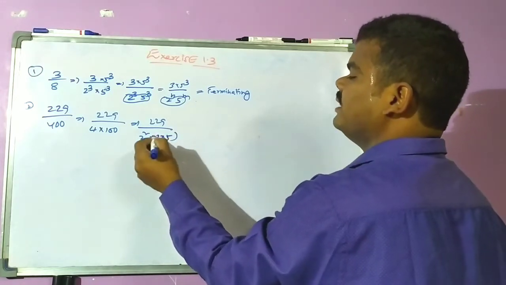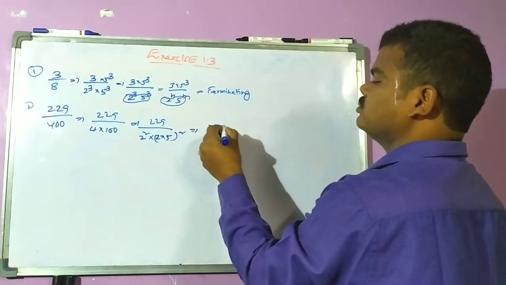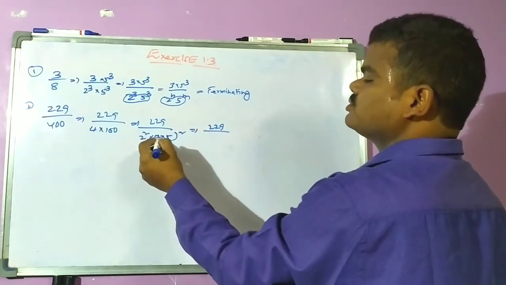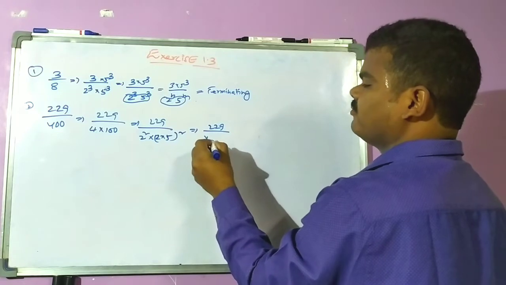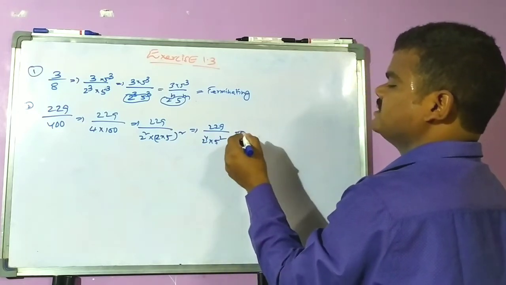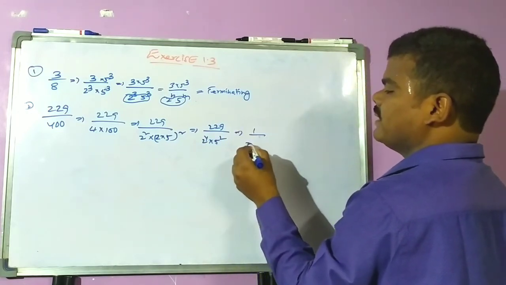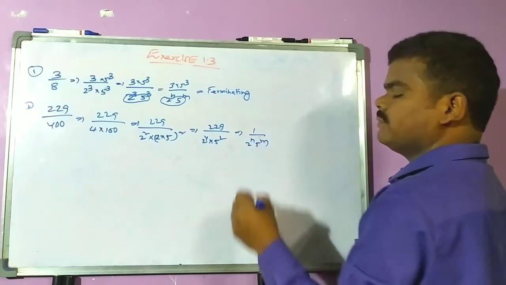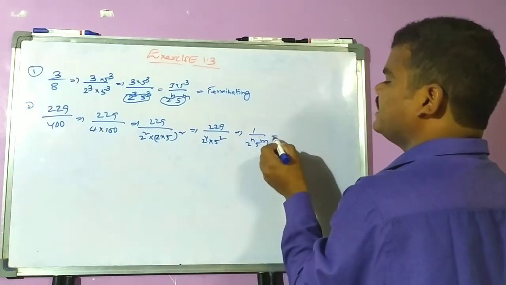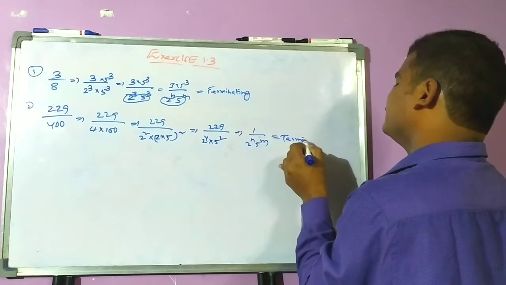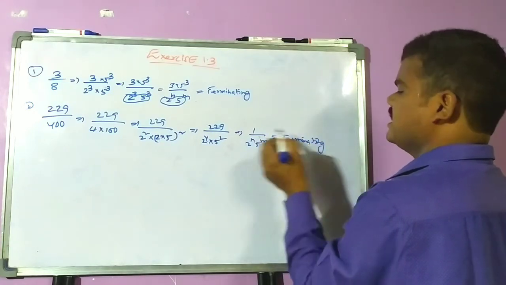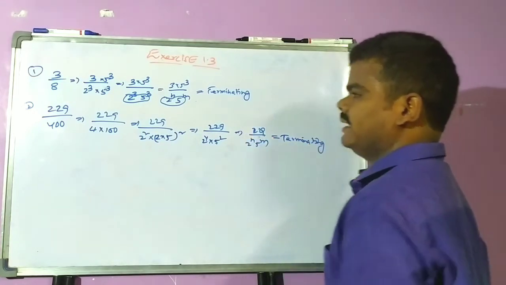So the denominator is 2^4 × 5 square. This is also in the form of 1 by 2^n × 5^m. So this is also a terminating decimal expansion.